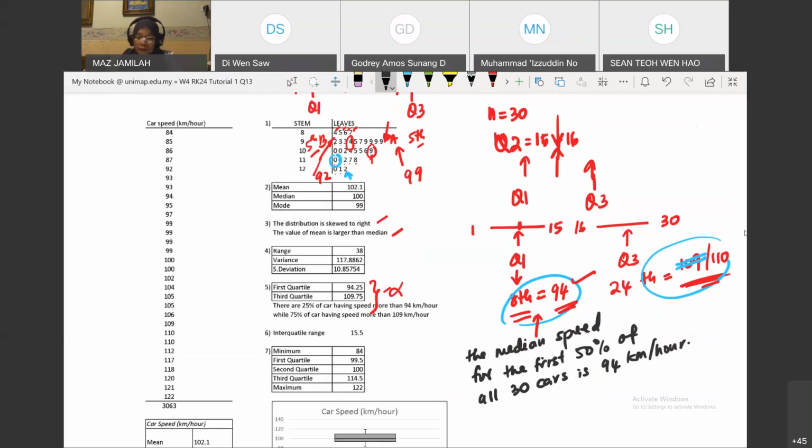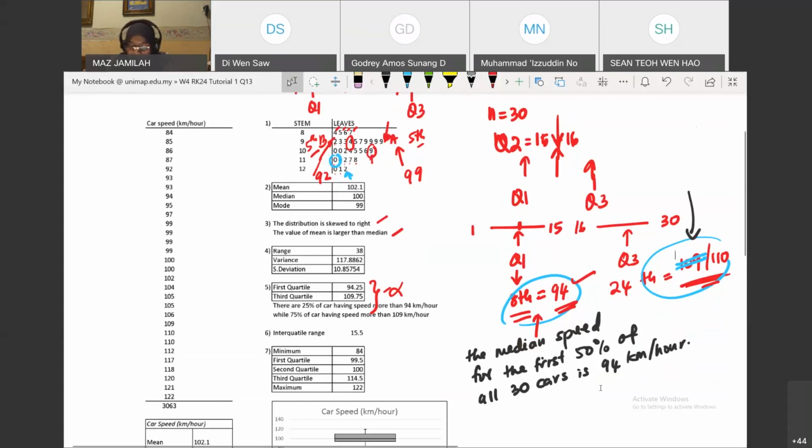So this is how we interpret the answer for the median of the first 50% of the speed. Yes, this is the correct one. Okay, what about this one? How can you interpret this?